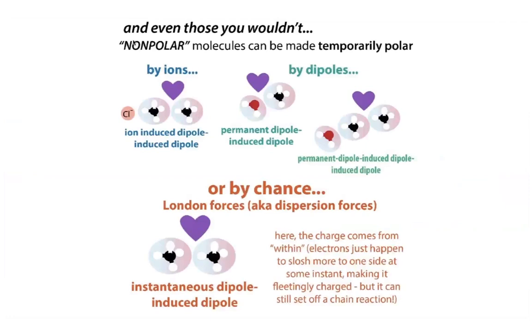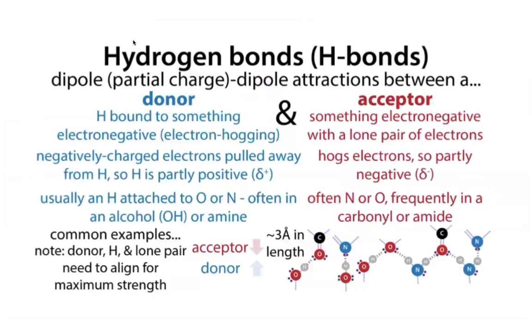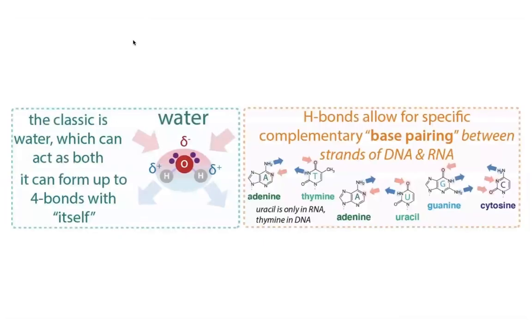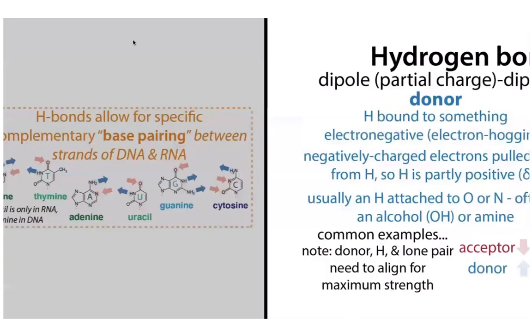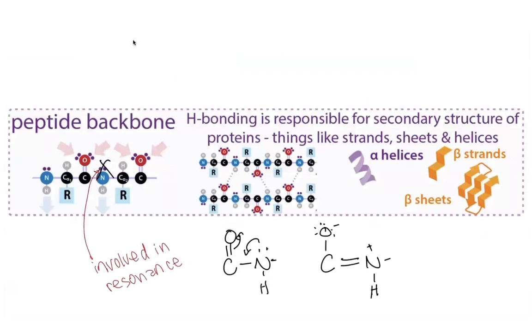Although one of the most common things we're talking about with water molecules is our hydrogen bond. But this doesn't just happen between water molecules. It can also happen between the bases of DNA, between the backbone of a protein, all sorts of different places. And the precise geometry and length of these bonds makes it so that we can get distinctive structures.